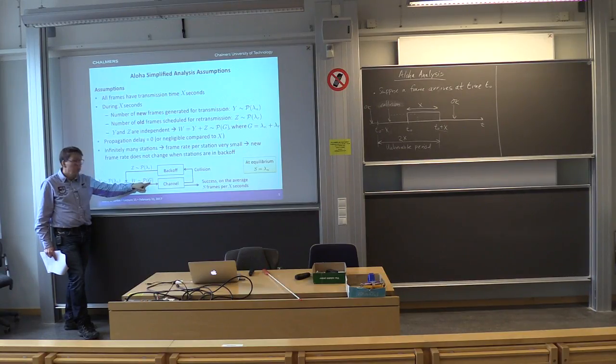So if G is generated for x seconds, how many on the average is generated over 2x seconds? 2G, right.